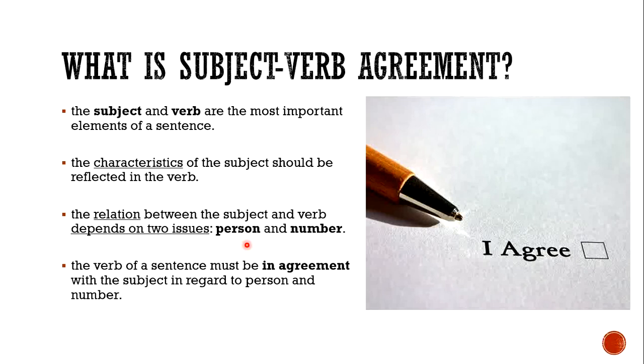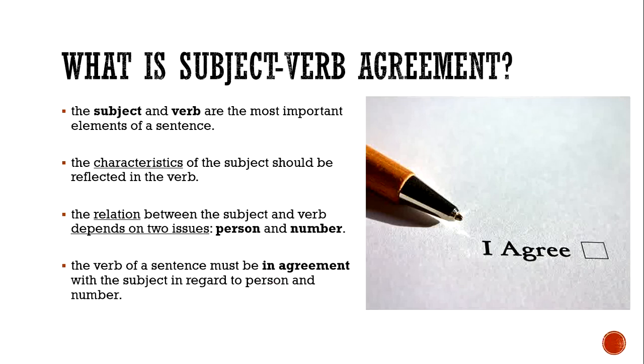Second person, for example, you. Third person, for example, he, she, they, or any name. The verb of a sentence must be in agreement with the subject in regard to person and number. That means the verb must follow the subject in regard to person and number.